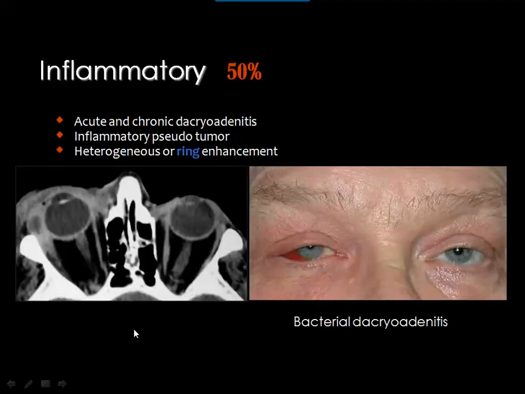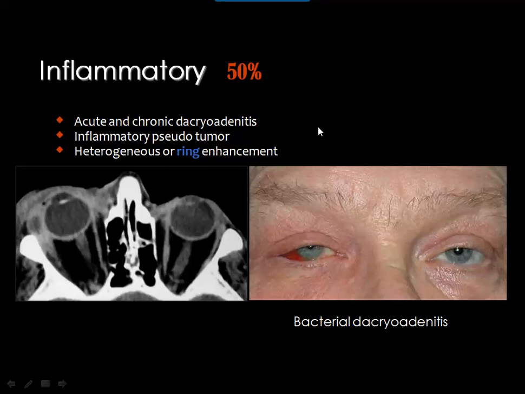Then one of the most common inflammatory diseases affecting the lacrimal gland is that we call the lacrimal pseudotumor, as we will discuss soon.